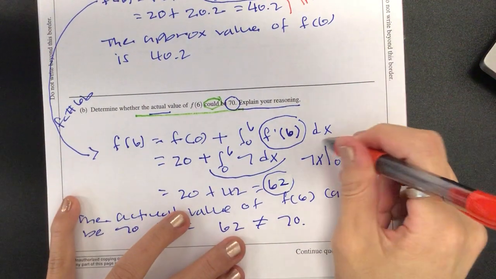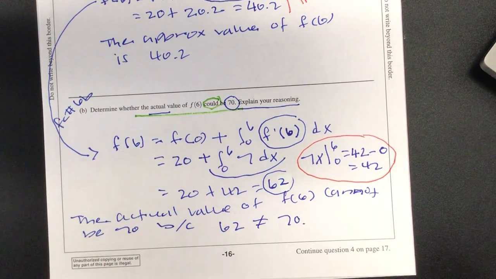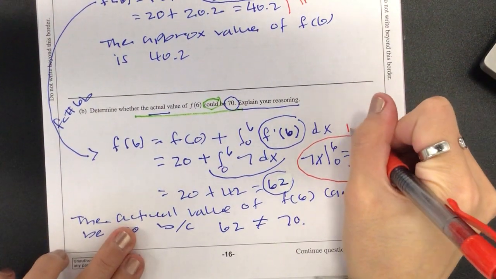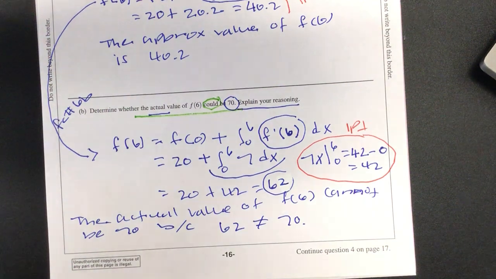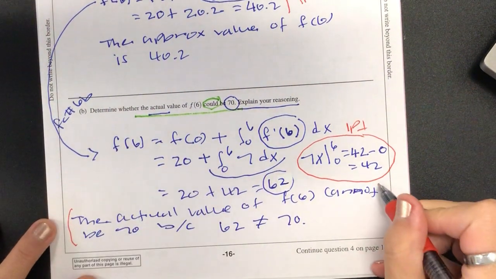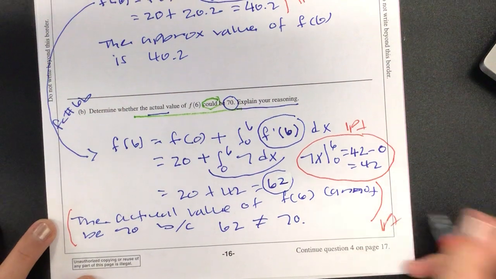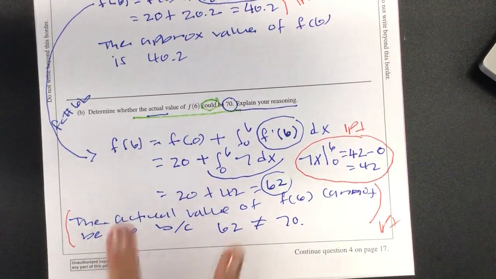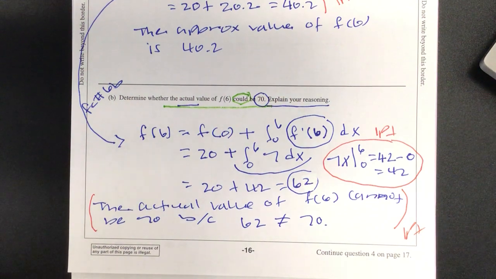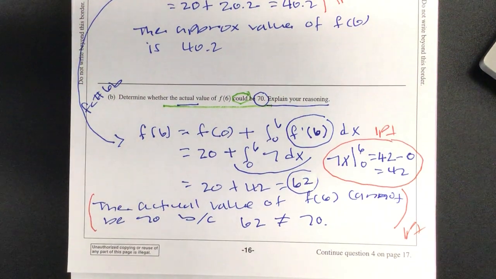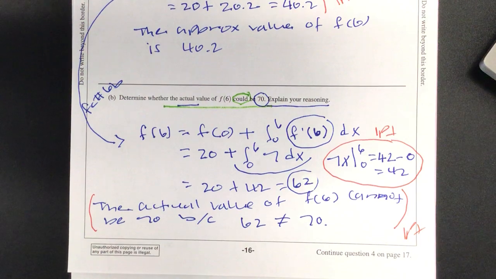Getting to 62 or 42 by using the actual value, as in integrating, is going to give you 1 point. And then the explanation, because they said explain, has to be in a sentence, 1 point. So go ahead and tally your potential and raw score for that section B. Okay, if you're ready, let's go on to the next page.